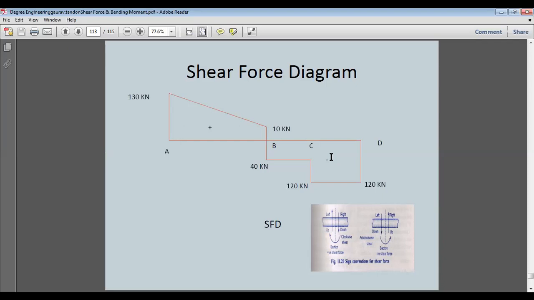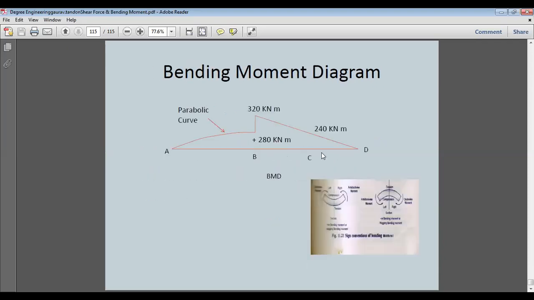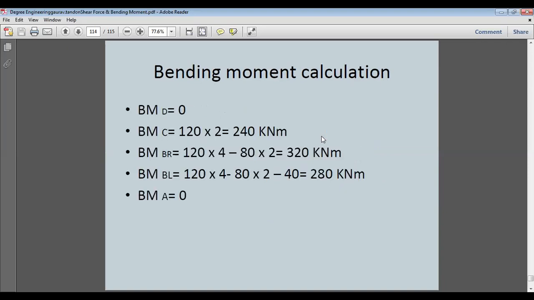But in case of the bending moment diagram, we'll be finding like this. So we can calculate here to here it is 0. Then from here to here it is 240 kilonewton meter. We have calculated this way. We can find 120 is the reaction vertical upwards, 2 multiplied by 2, 240.